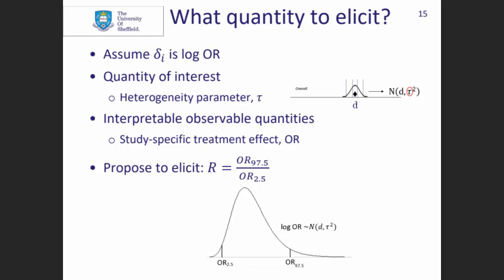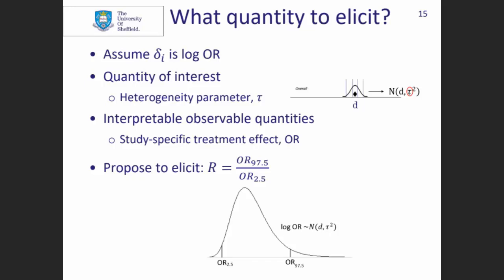In this case, the interpretable observable quantity would be the study-specific treatment effect odds ratio, because this is the quantity that our experts will be more familiar with.